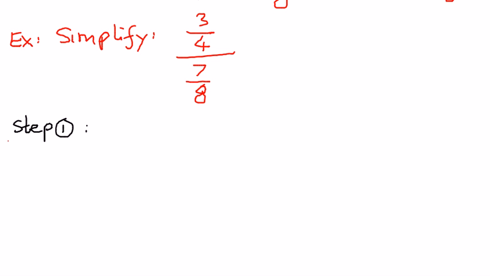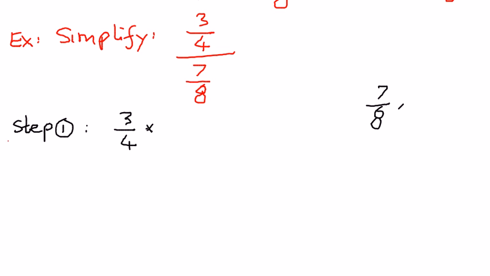So, step number 1. We write the numerator part. The rule is telling us we write the numerator part as is, 3 over 4, and then flip the denominator over. So we convert the division into multiplication, and then we write the reciprocal of the denominator. We have 7 over 8.